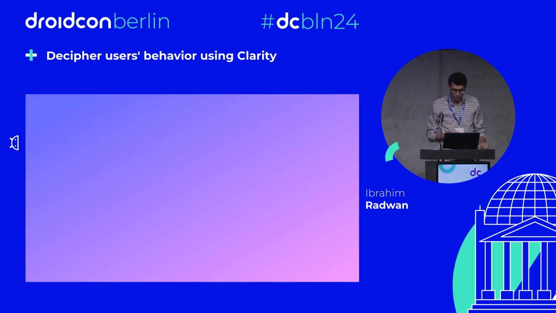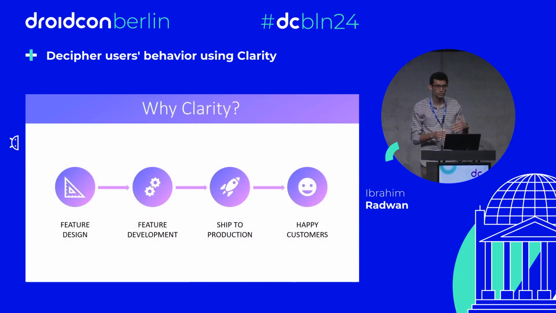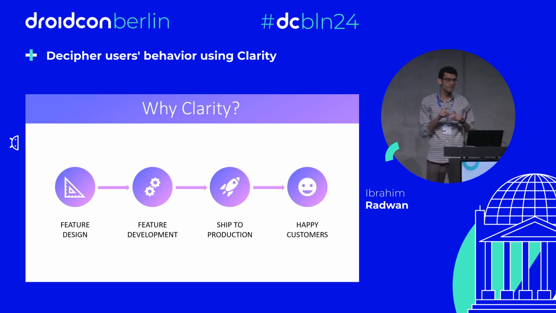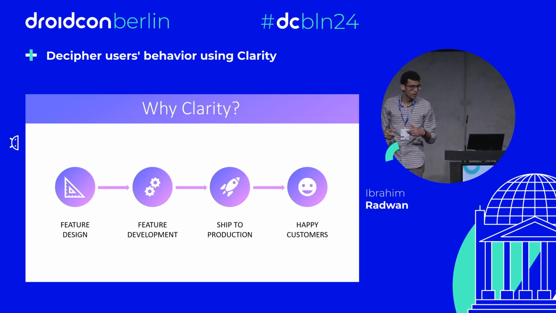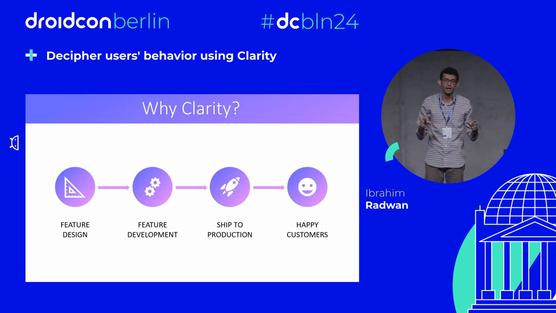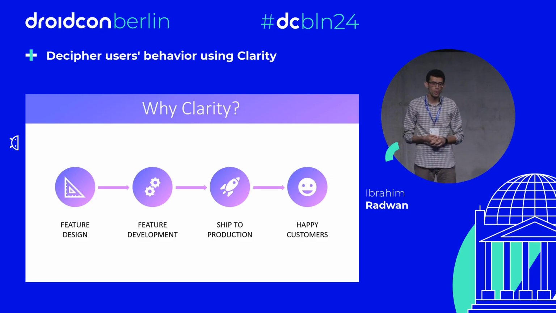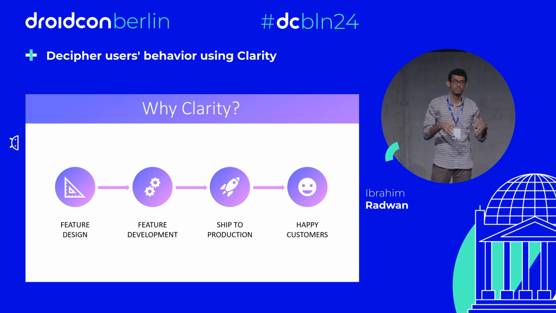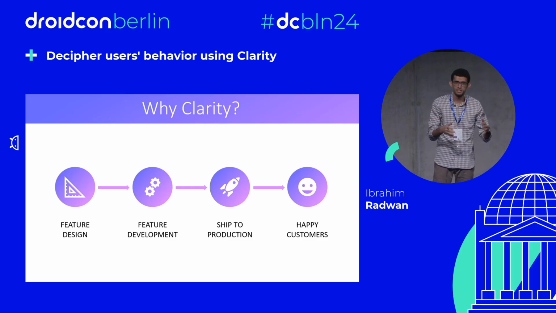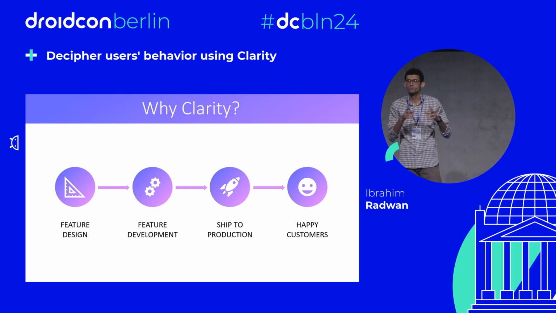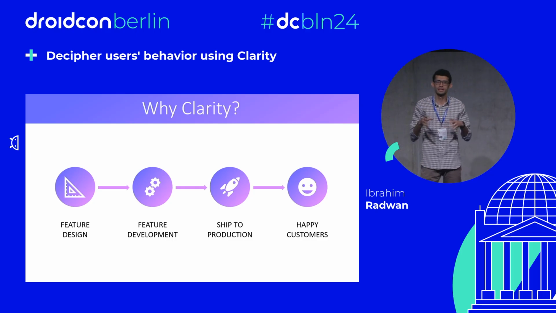Before going into what Clarity is and what the main features of Clarity are, I would like to answer this simple question, which is why Clarity? In order to answer this question, I'm going to give you a scenario that I'm sure most of us would relate to, which is that we start working on a feature in one of the apps that we develop, and we go through a standard process by first speccing and designing this feature, taking the necessary approvals, and then we start implementing this feature, testing it, and so on.